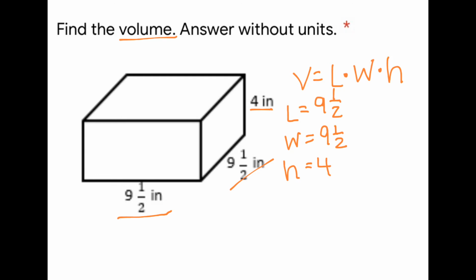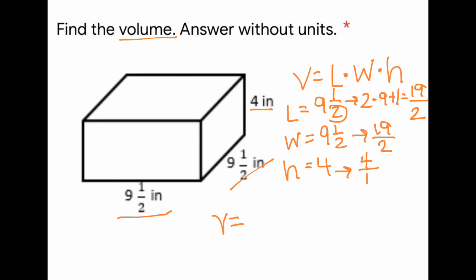We need to convert all of these to improper fractions. So we have 2 times 9 plus 1. That will be 19 over, our denominator stays the same. These are the same number. So we know that this is also going to be 19 over 2. And to write this as an improper fraction, we do 4 over 1.